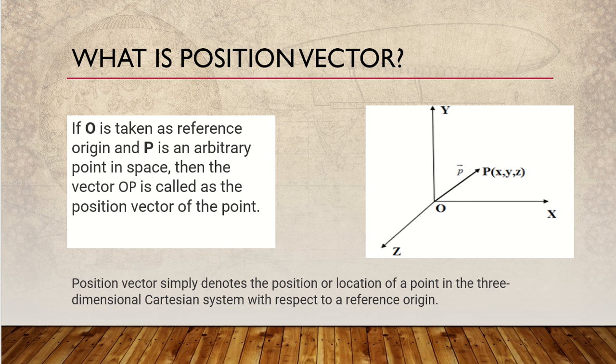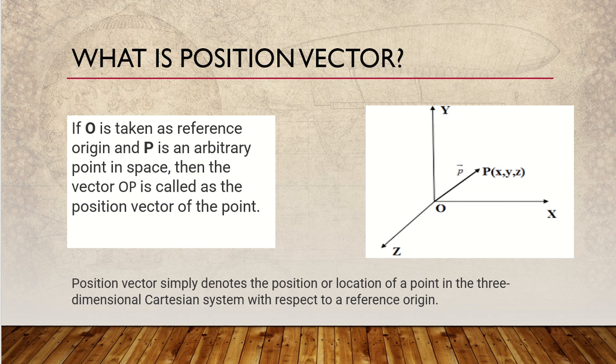Say for example, there is another point Q with respect to the origin. Then the vector OQ is also known as the position vector of the point Q. The position vector simply denotes the position or location of a point in the three-dimensional Cartesian system with respect to the reference origin.